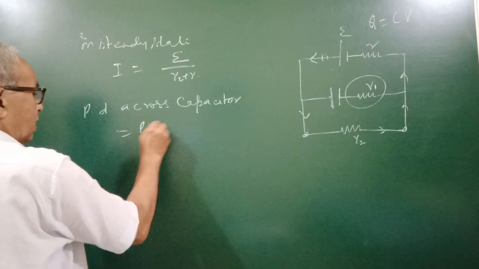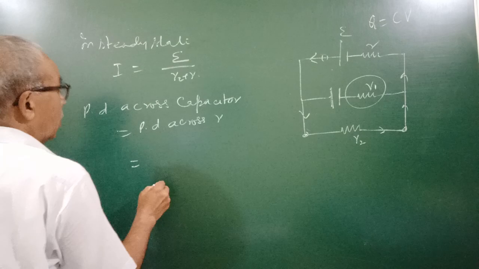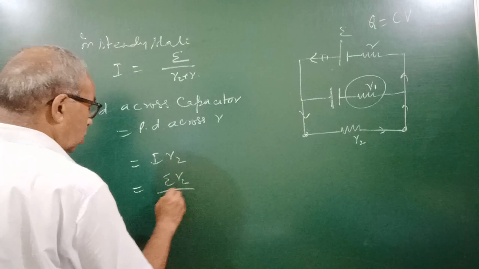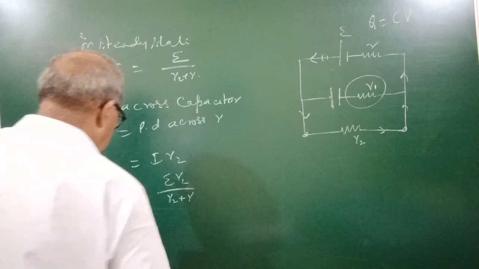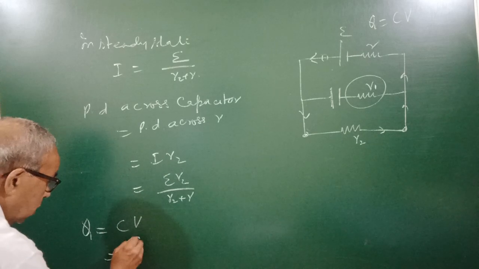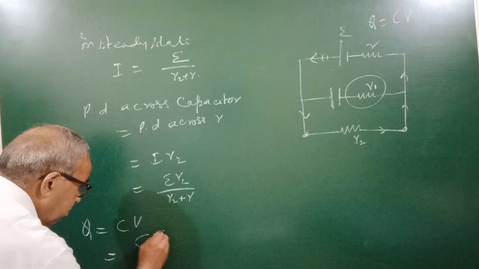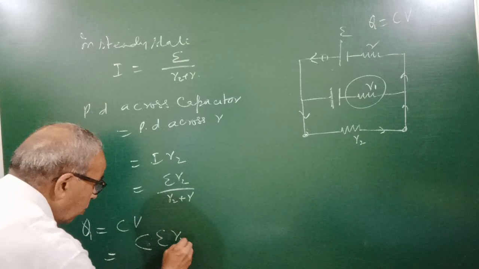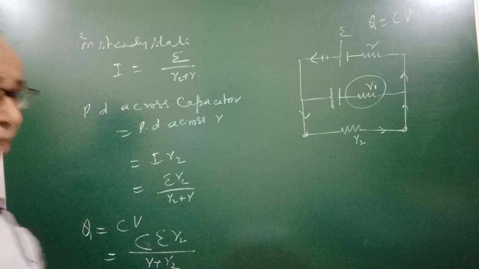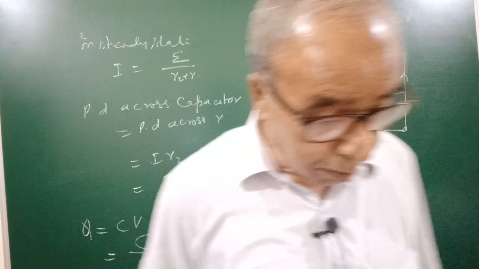It is equal to potential difference across R2, equal to IR2, यानी कि ER2 upon R2 plus R, and hence charge on capacitor Q बराबर C, so it is CE R2 upon R plus R2 is the charge on the capacitor. Have you got my point?